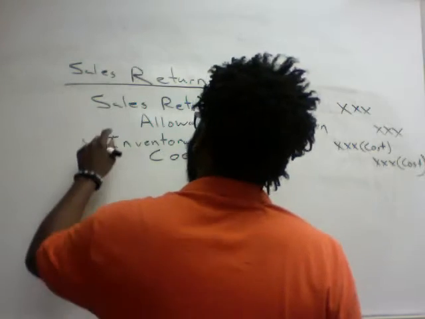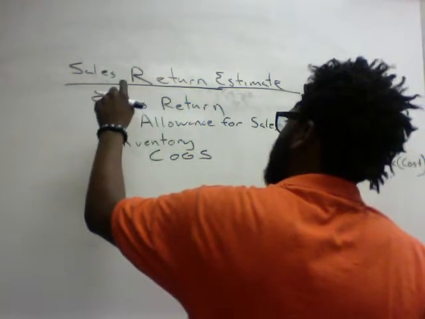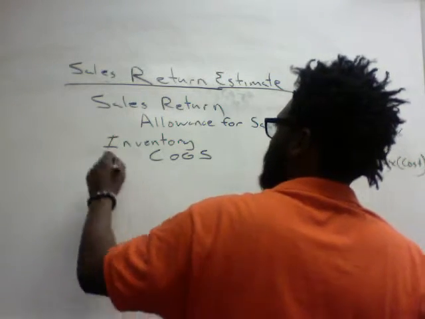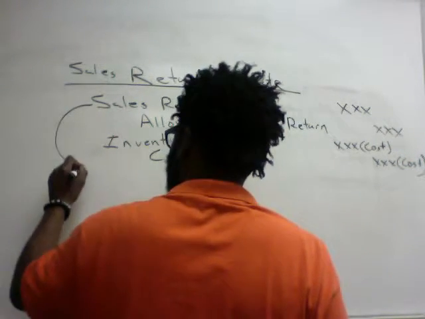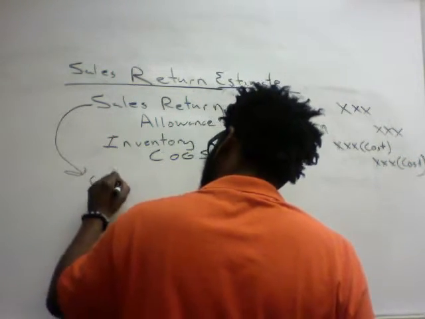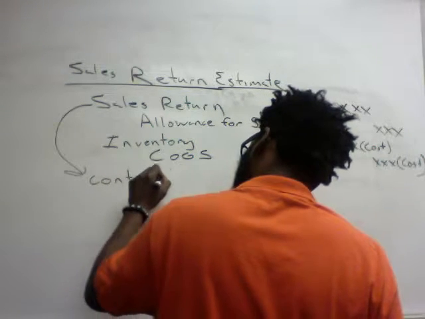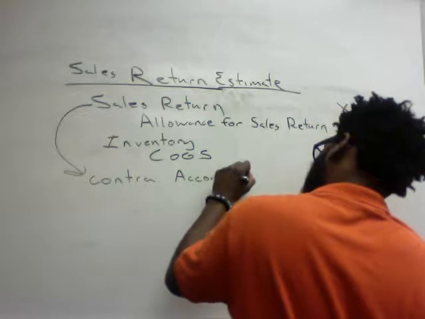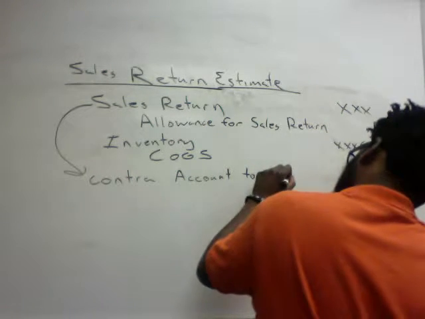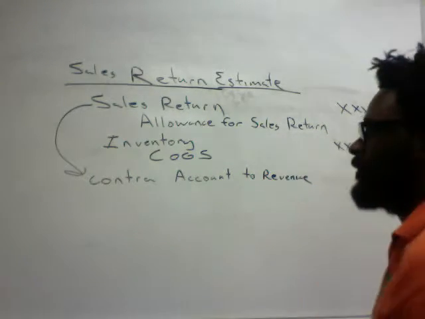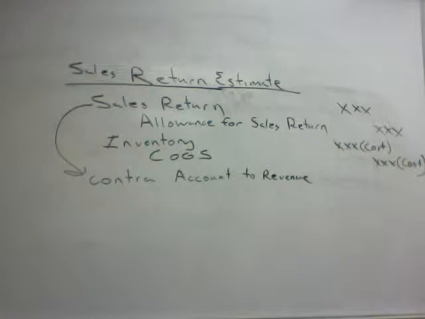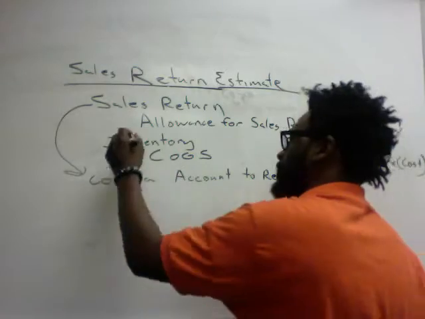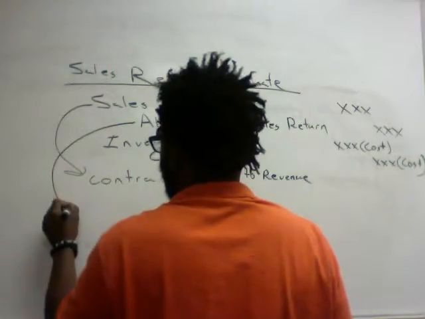Now, sales return is actually a contra account to revenue. And it's actually doing what to revenue? Decreasing it, obviously, right? So we know that we're decreasing it because we're expecting it to be a return. And if somebody returns something, your revenue goes down.